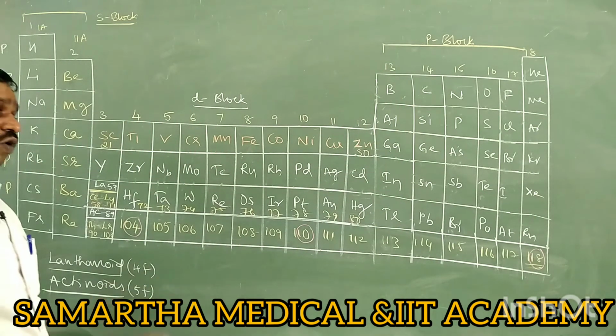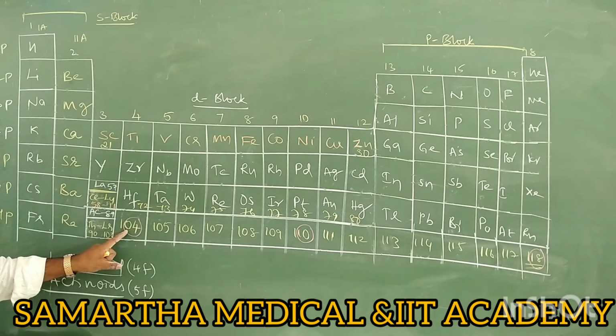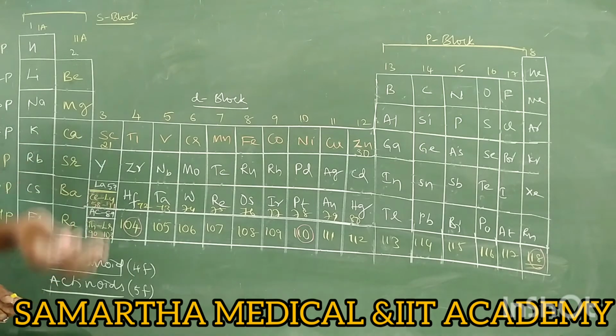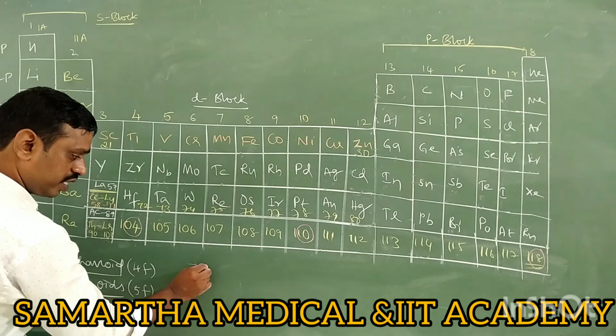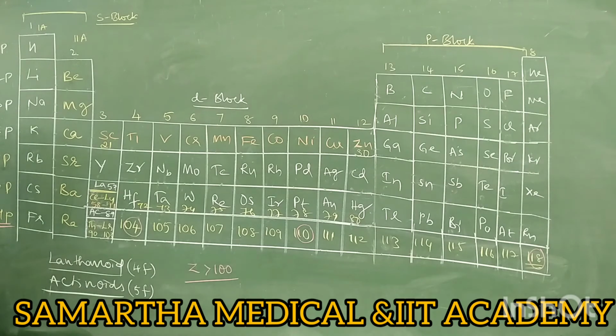Next, the other thing they may ask is which period. Obviously all the elements after 104, and 103 also is here only, even after 100, the elements with atomic number more than 100 all belong to the 7th period. It comes here, no? 103 means 102, 101, 100, right?